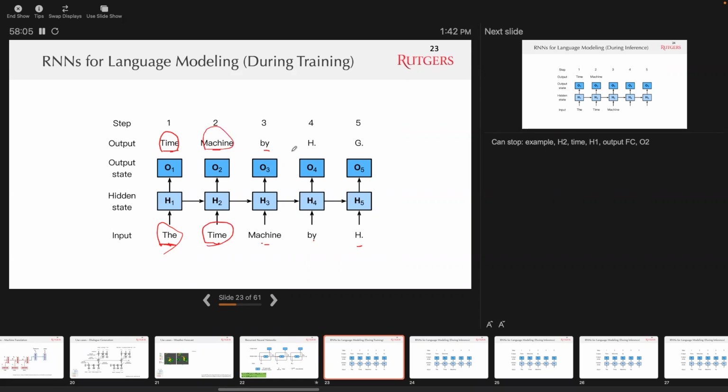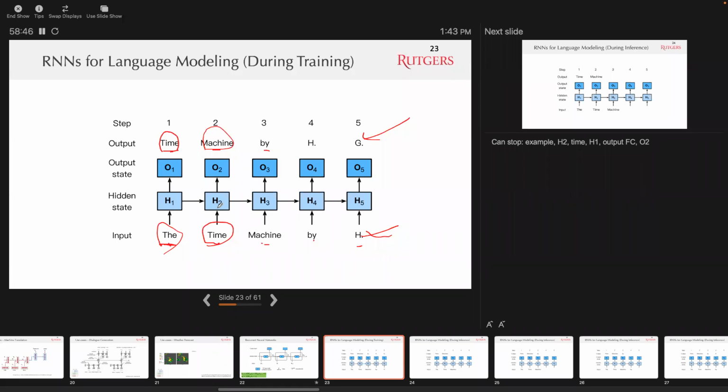This is how you train the neural network, because you already have the data set, with all the sentences, so the inputs and outputs are already given. Training is exactly the same as training a convolutional neural network: you feed forward, compute the loss, backprop to compute the gradient for the parameters you learn, and then update the parameters according to the gradient.